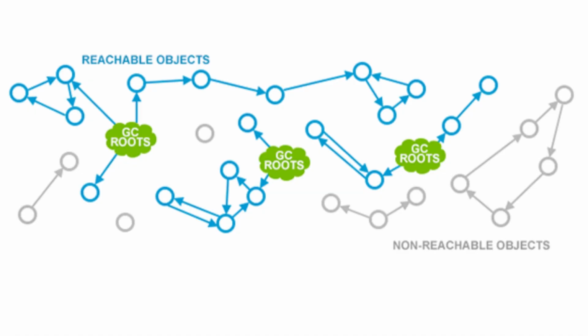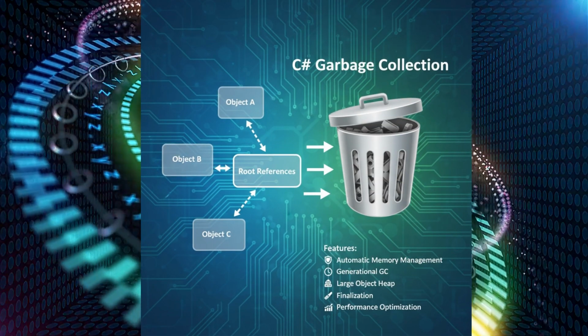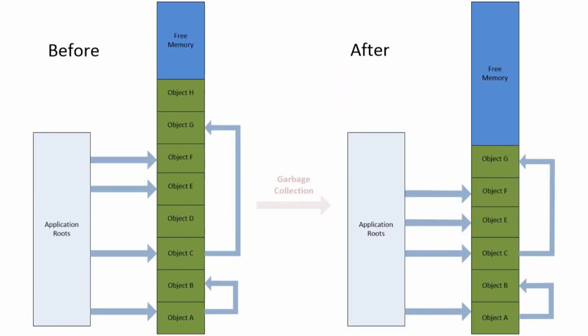Anything not connected is marked as garbage. Even circular references are handled automatically, so no leaks like in COM. Finally, the GC sweeps unreachable objects, compacts the heap, and updates references. In short, roots define what's live. Everything else is collected.